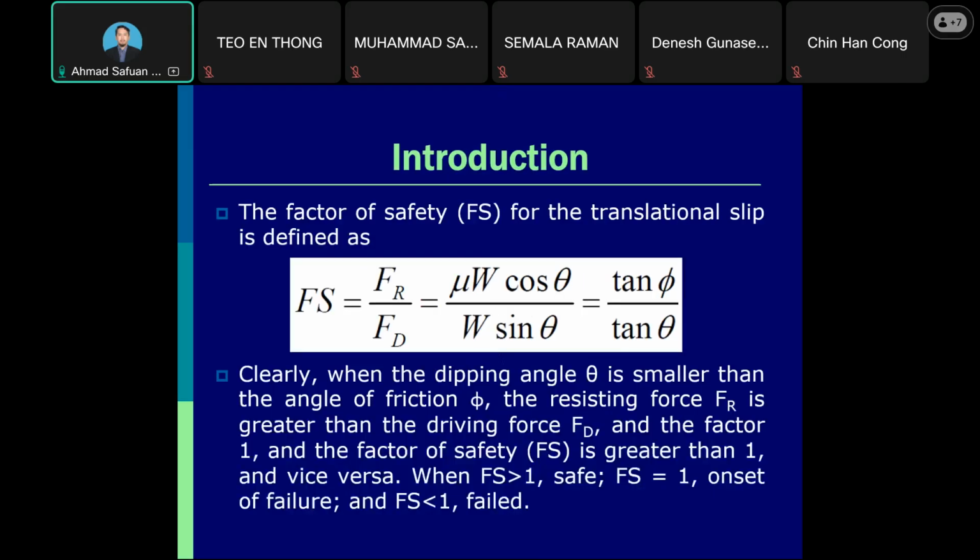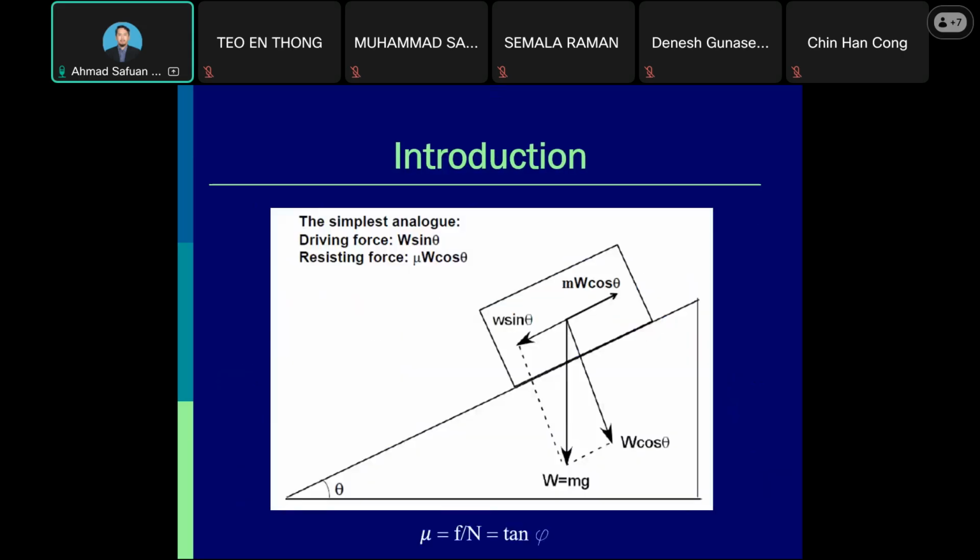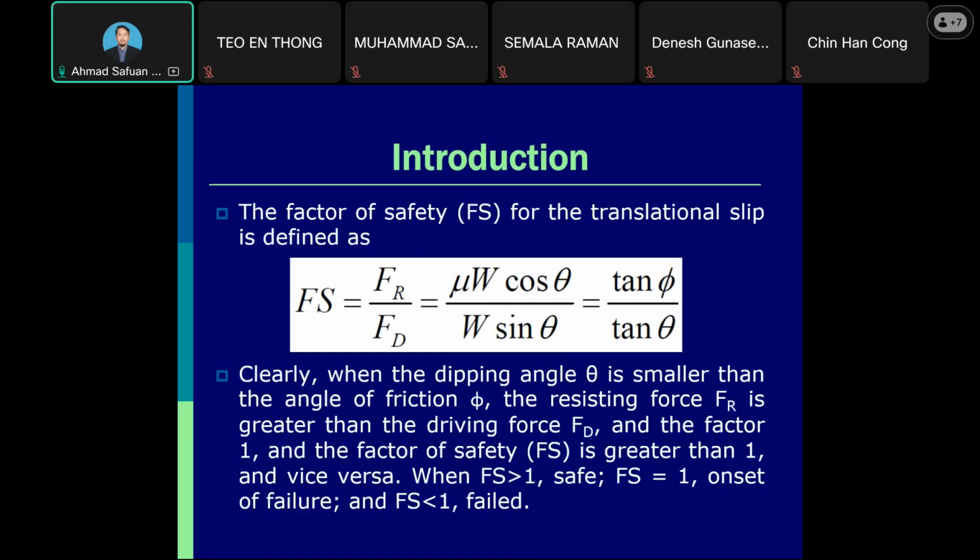So the factor of safety against translational slip is defined as FR over FD. The FR is the resisting force, mu W cos theta, over W sine theta.